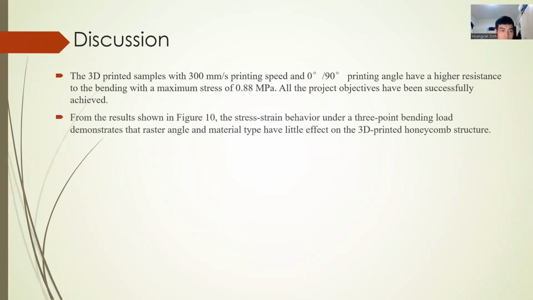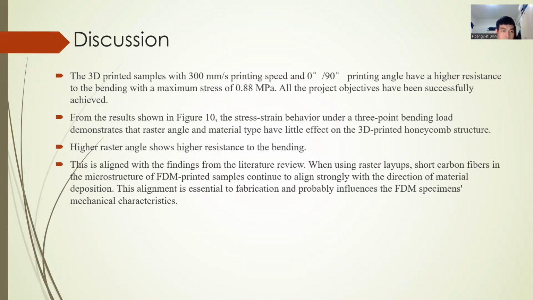From the results in Figure 10, the stress-strain behavior under 3-point bending load demonstrates that raster angle and material type have little effect on the 3D printed honeycomb structure. And with a higher raster angle, there is higher resistance to bending. This is aligned with findings from the literature review.